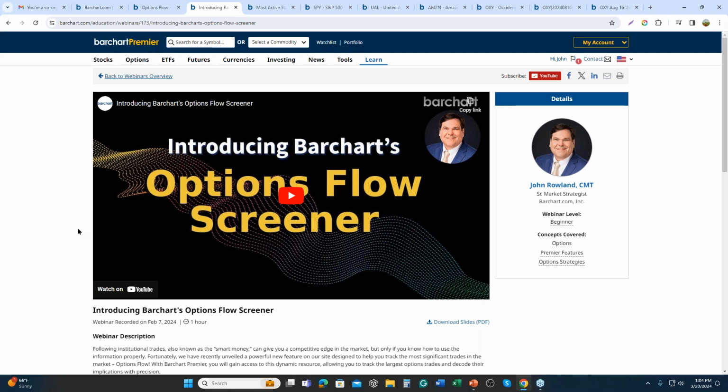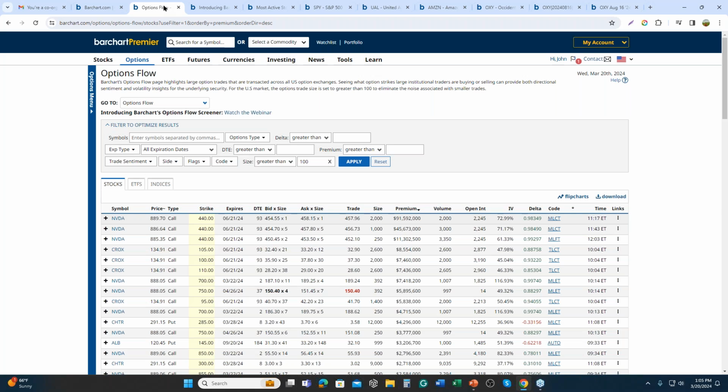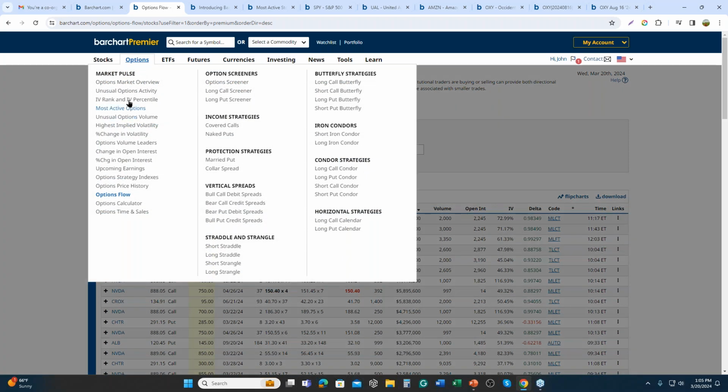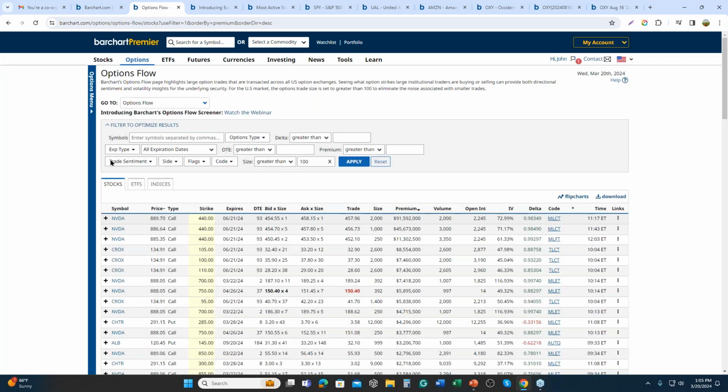Okay, so let's go back to the options flow page. In case you're not familiar with where to find it, it's under Options, and under the options market pulse, you will find options flow. The page itself is defaulted to sort by premium.